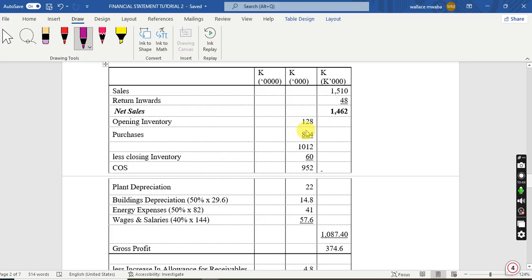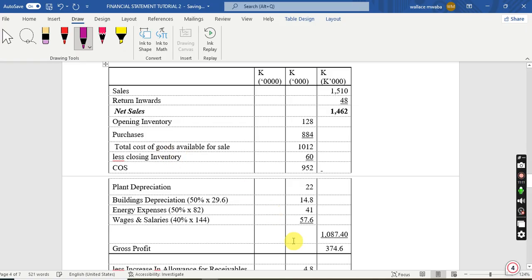So after you add your opening inventory with purchases, this is your total cost of goods available for sale.